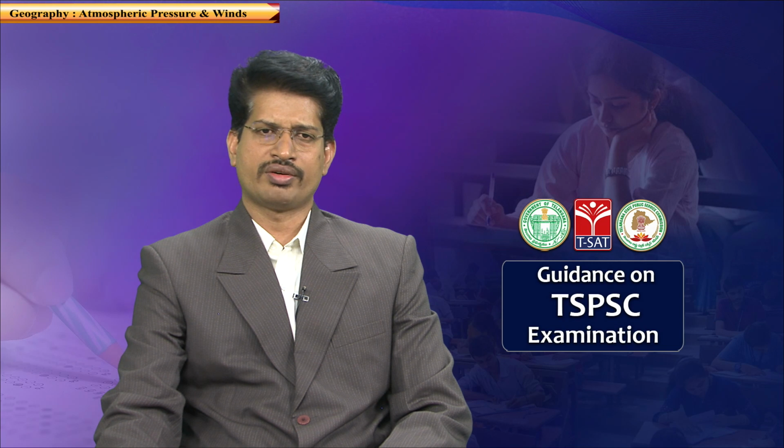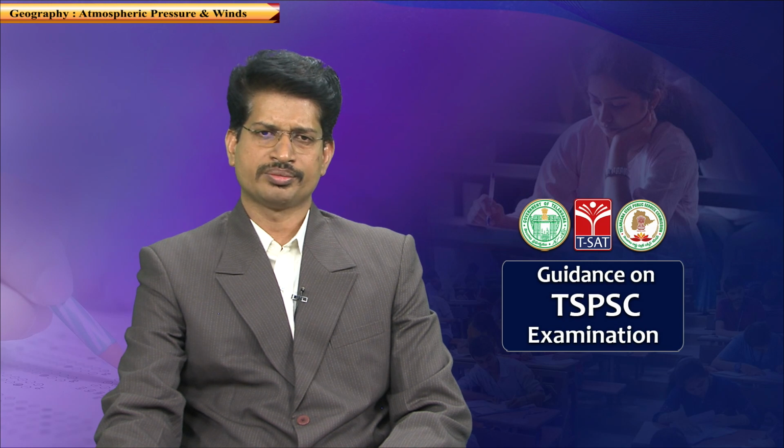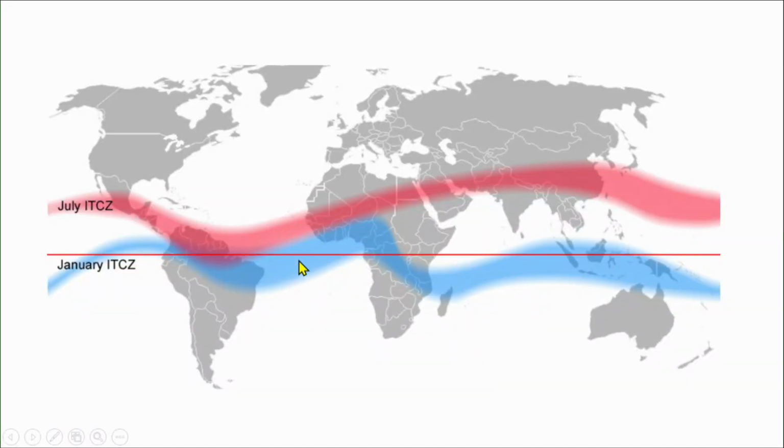northeast of our country. So for example, here in the case of the monsoons, see this: when the ITCZ migrates north, the southern trades cross the geographical equator.